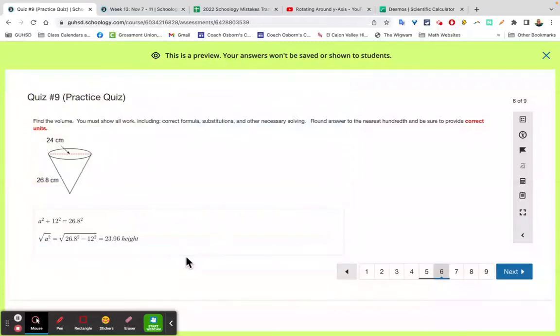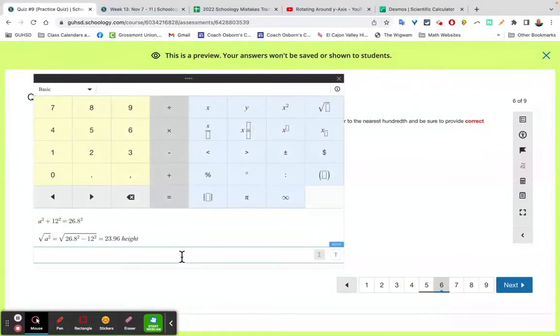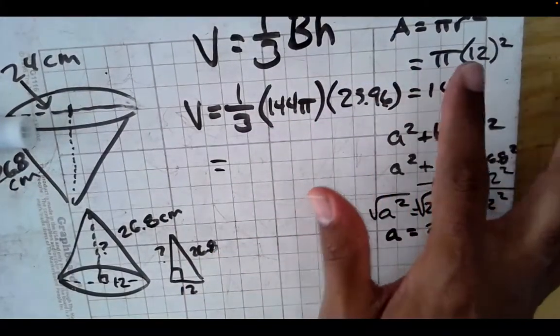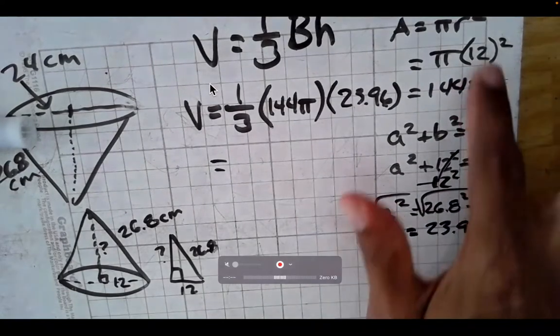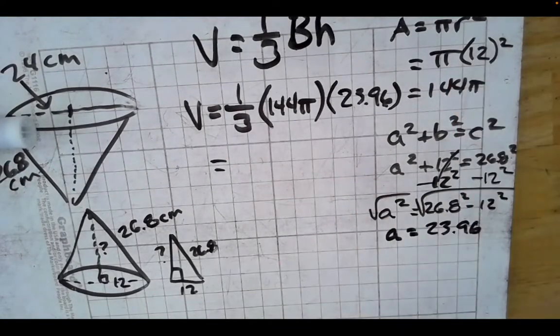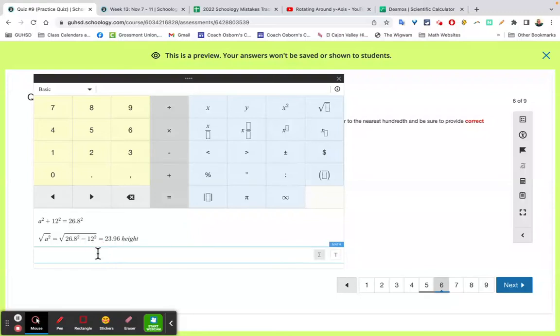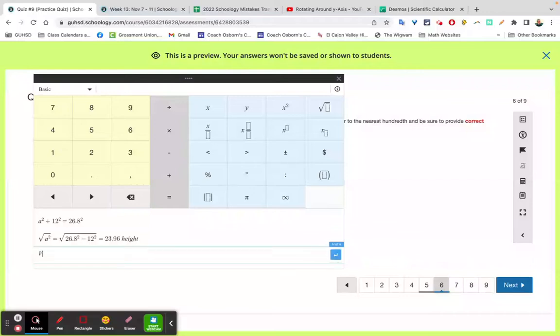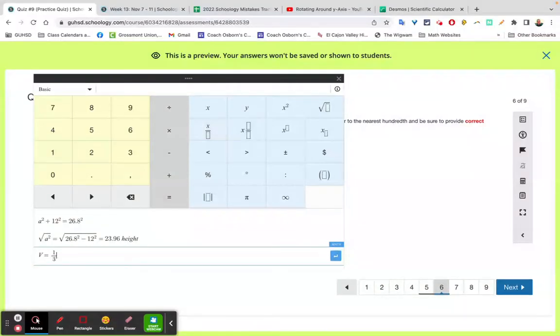Okay, and now I'm going to plug that all into the formula, and I'm going to show this step right here where we set up the formula. Okay, you can show me that you could actually plug this in there, like the pi 12 squared. So you could do like this: volume, capital V, equals 1/3, and then in parentheses, pi times 12 squared.